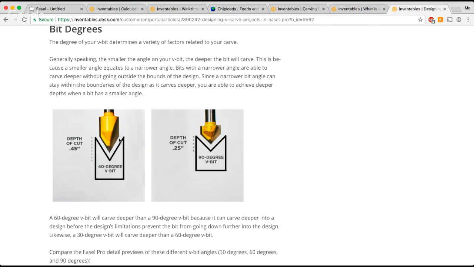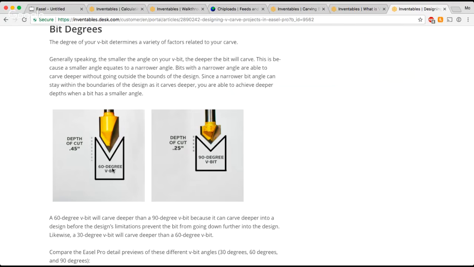you can see how this 60-degree bit can carve deeper than a 90-degree bit, because of the angle of the bit. Generally speaking, the lower the degree of your V-bit, the more detail you can achieve. With a smaller degree, you're able to carve deeper into the design before the design's limitations prevent the bit from carving down any further.